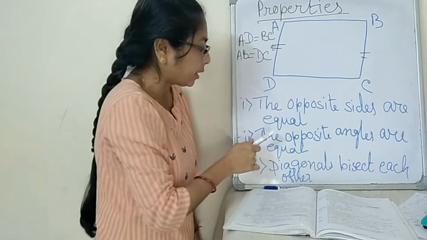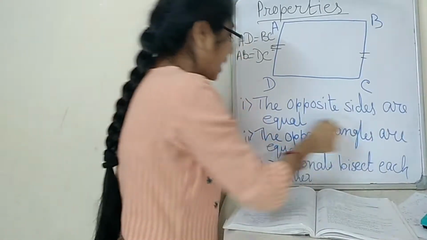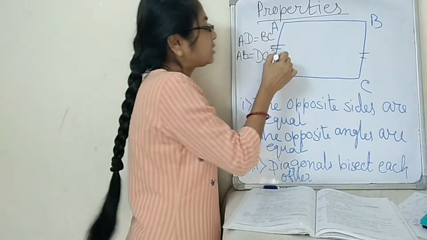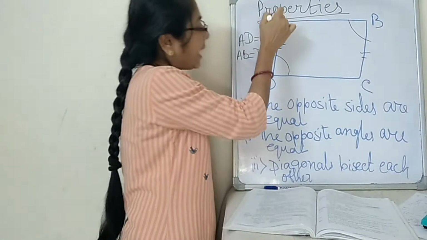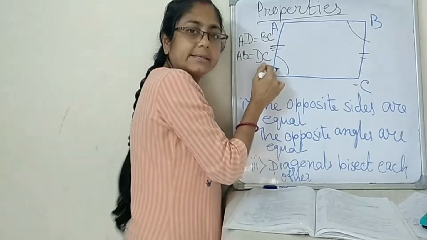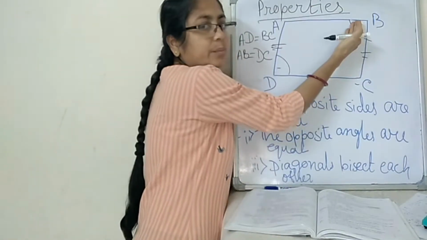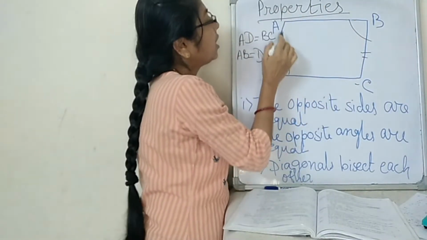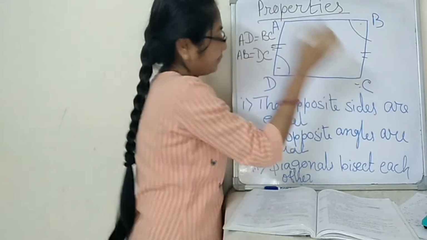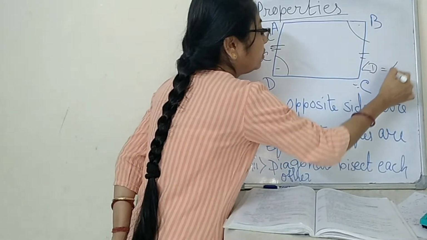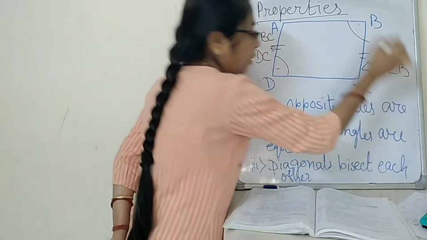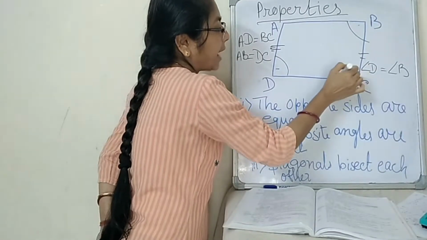The second point: the opposite angles are equal. Opposite angles means this angle, ADC, and its opposite angle, the upside corner, ABC. I write here angle D equal to angle B. Now listen, one more pair of angles.